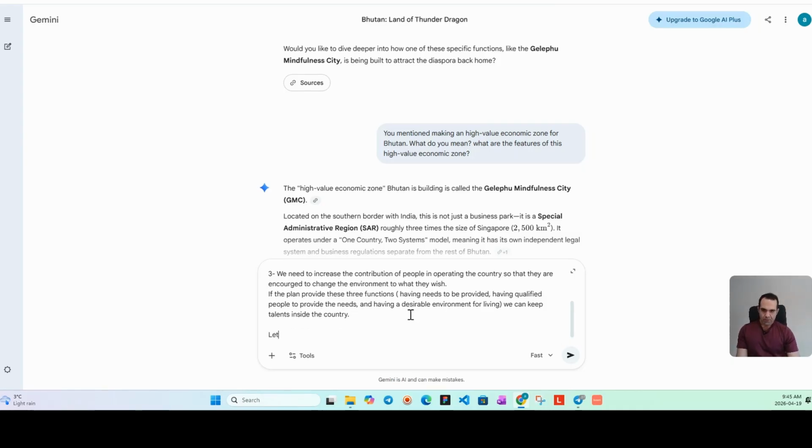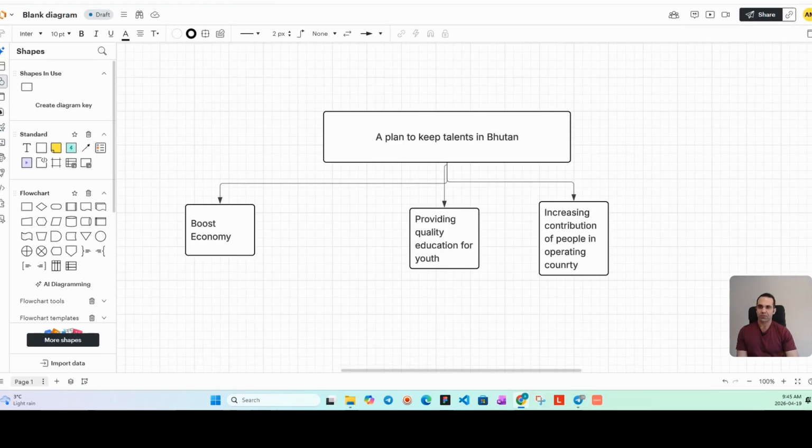Okay, let's focus on the first function, boosting market. Yes, boosting market is better. I think let's change it here to boosting market, boost market.